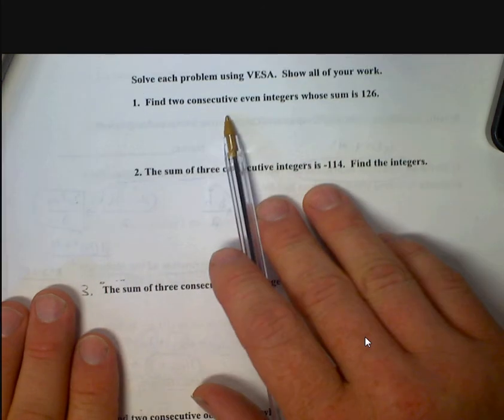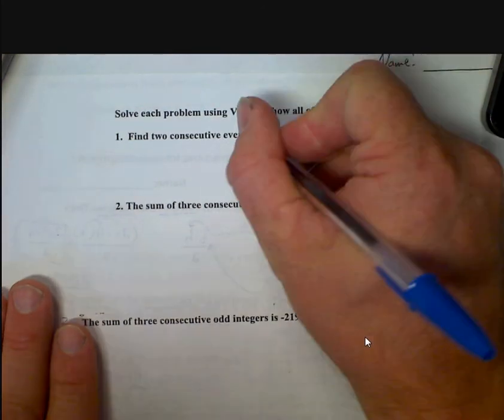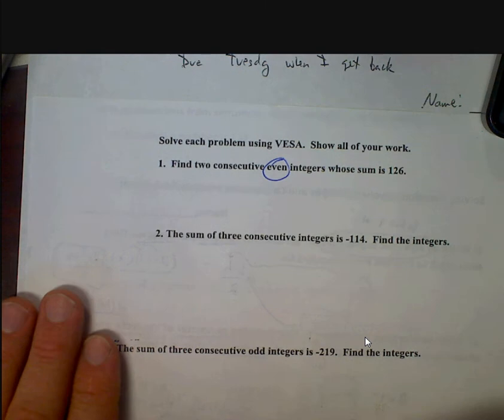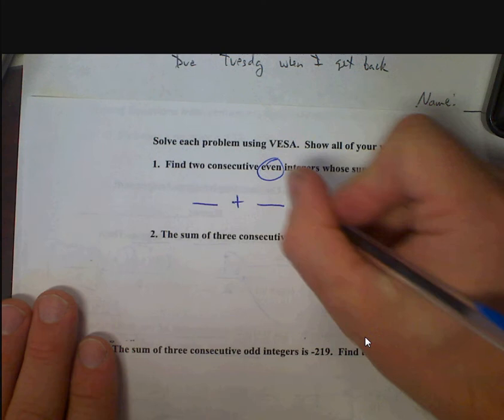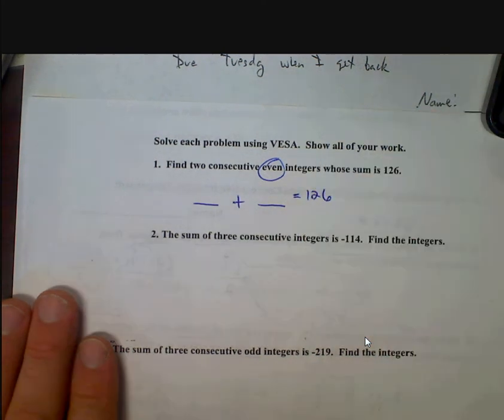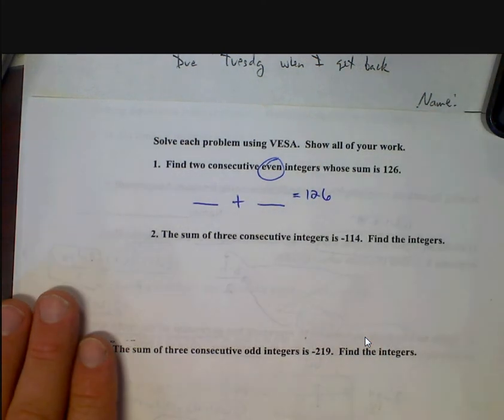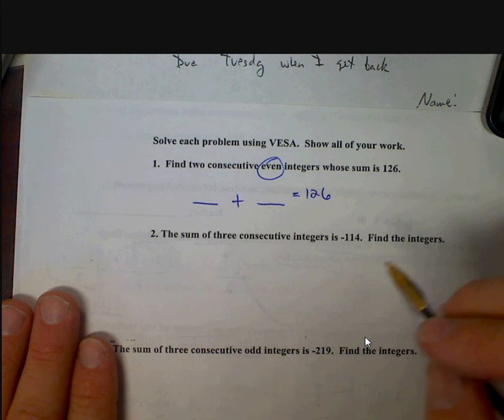Now we're on the next side. On the next side, it says find two consecutive even integers whose sum has to add up to 126. So I'm going to add two integers that are consecutive in order that are 126.